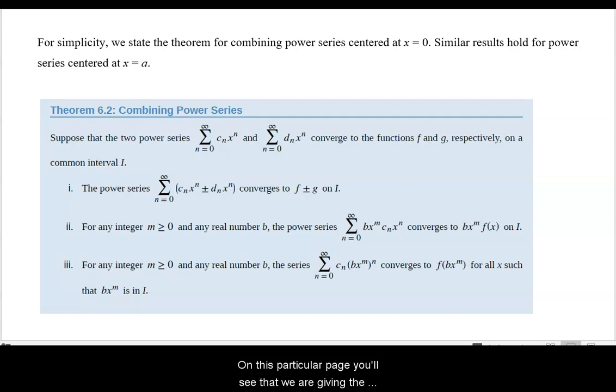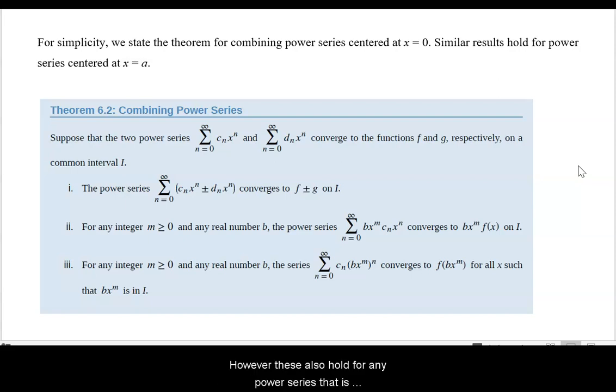On this particular page, you'll see that we are giving the rules for combining power series through addition and subtraction, represented by the plus or minus here in the formula. For simplicity, the book only gave the formula in terms of a power series centered at x equals 0. That is, where the value of lowercase a is equal to 0.